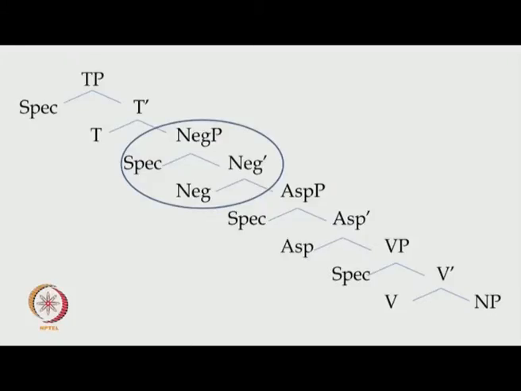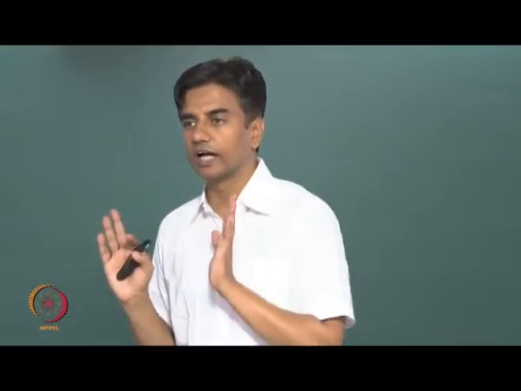Whether we start the structure with an IP, or a TP, or an AGRP, either way, and I hope you understand what I mean when I say AGRP, TP or IP in different frameworks.